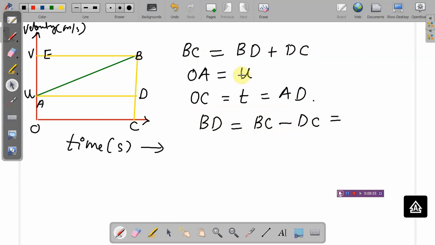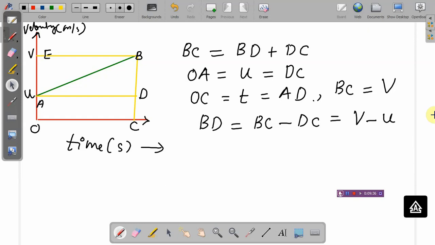BC shows the final velocity, and OA or DC shows the initial velocity, right? So if you want to get BD, that is the change in velocity, it is BC minus DC, right? So I can write it as V minus U.